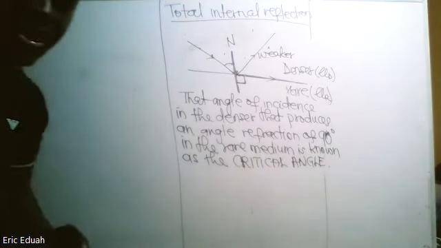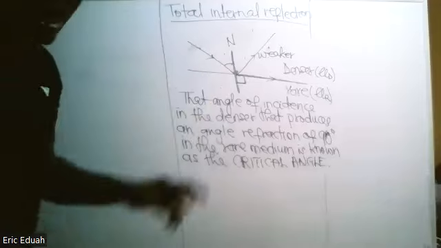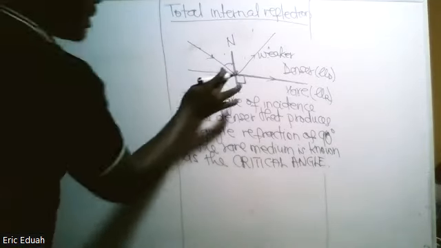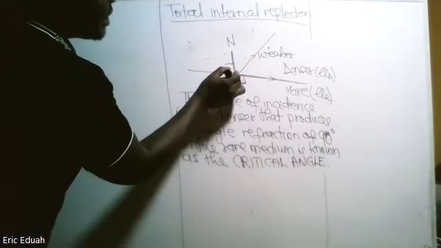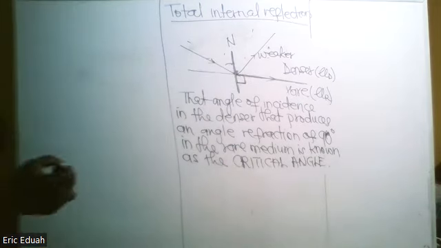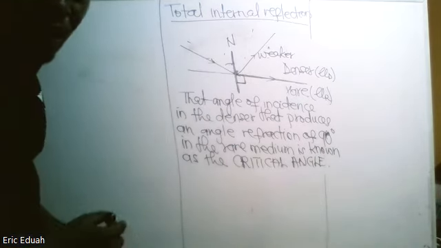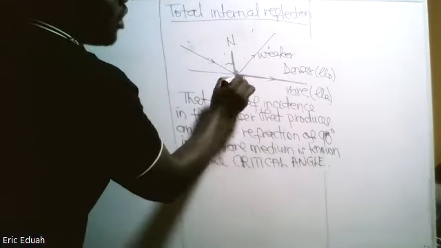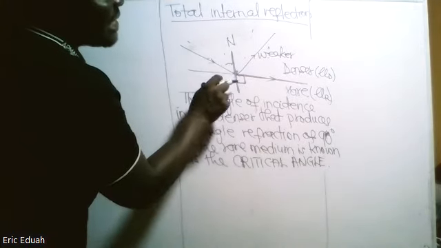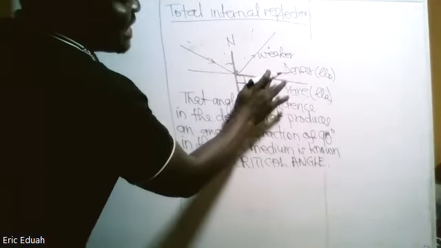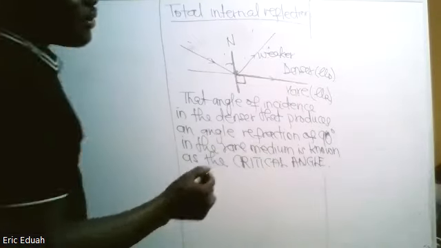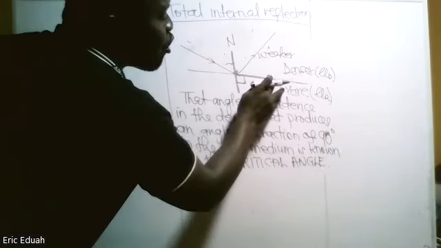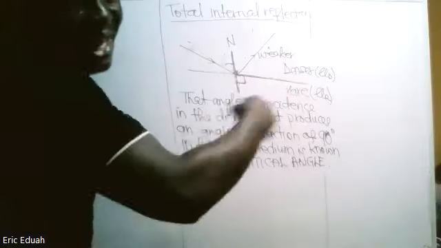After the attainment of the critical angle, any increase in the angle of incidence in the denser medium means all the incident light will be reflected, and there wouldn't be any refracted ray. We'll have a complete reflection.